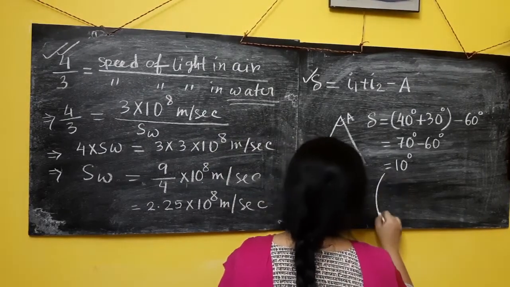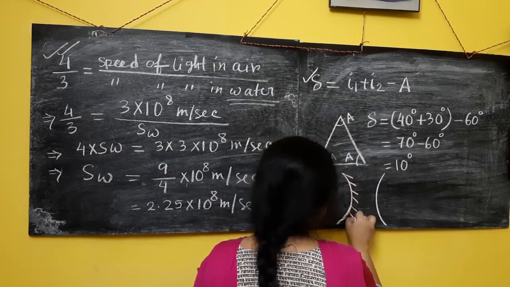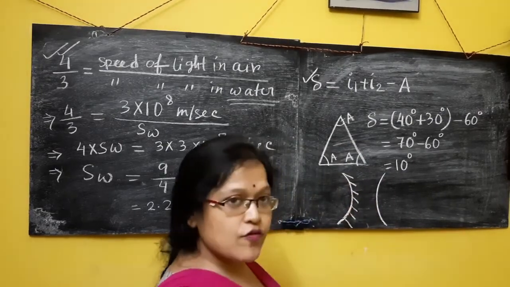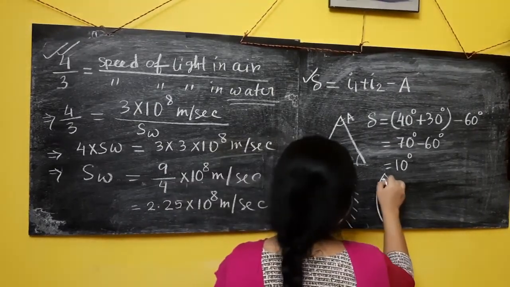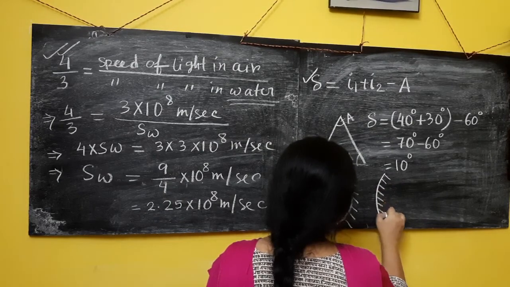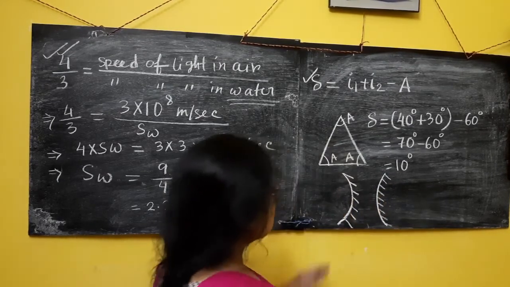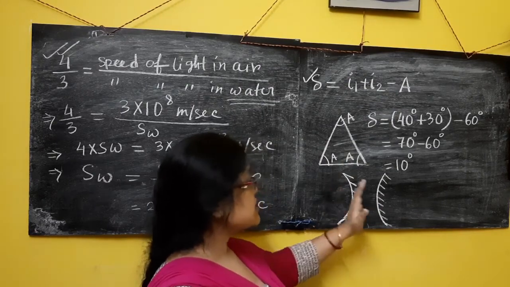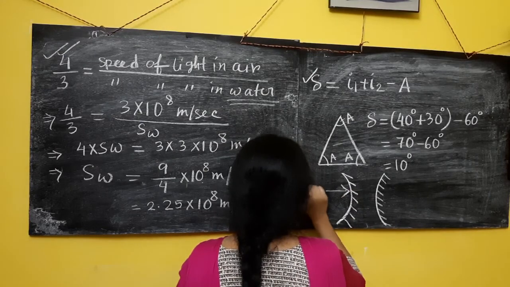If this is a concave mirror, its reflecting surface will be like this. This is the structure of concave mirror. What is the structure of convex mirror? This is the convex mirror, whose reflecting surface is the inside bulging one, and here the reflecting surface is the outside bulging one. So this is the concave mirror, remember?